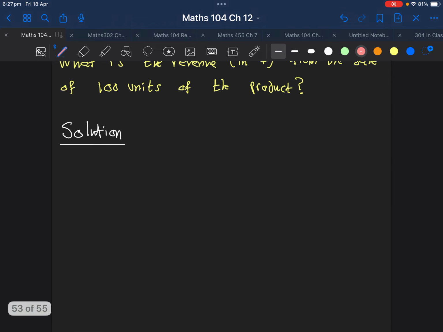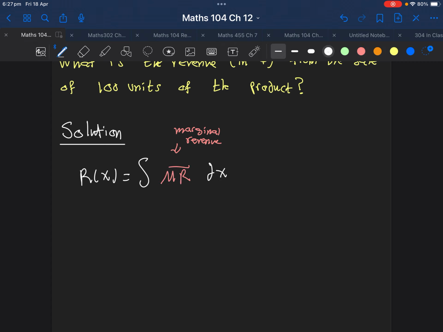How we find the revenue is the same story all over. So the revenue of x will be the integral of the marginal revenue. What is the marginal revenue? It is the same as the marginal revenue in the question: 6e^(0.01x) dx.